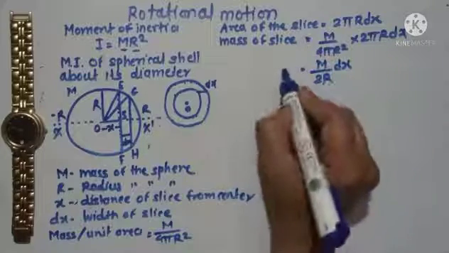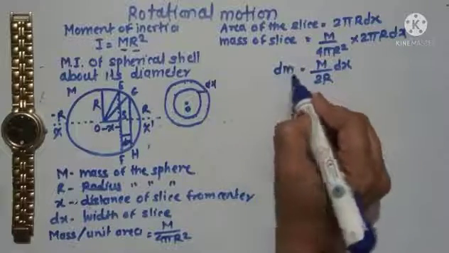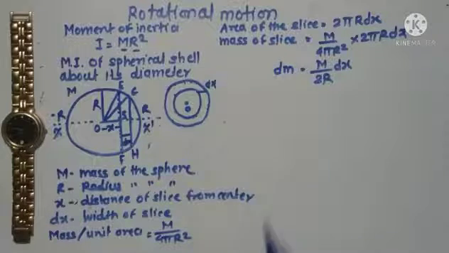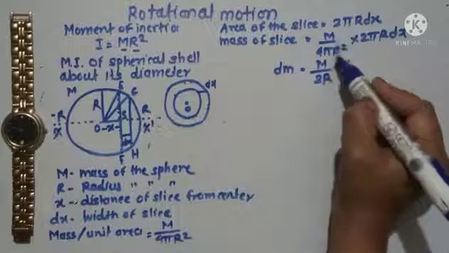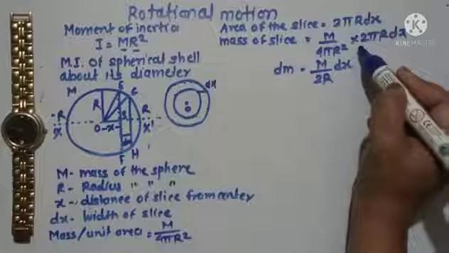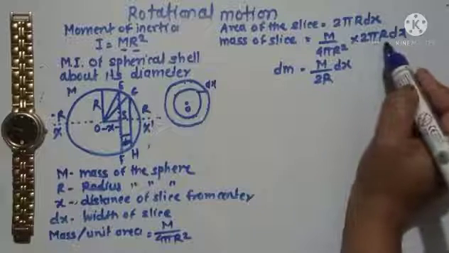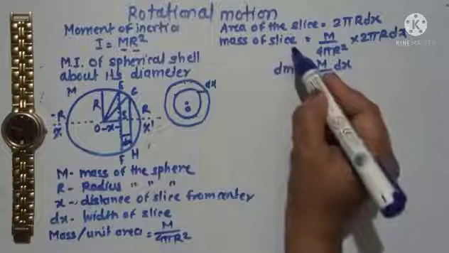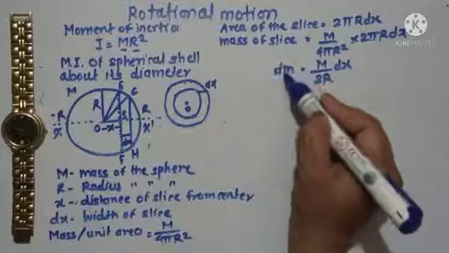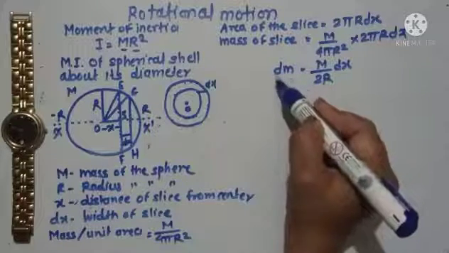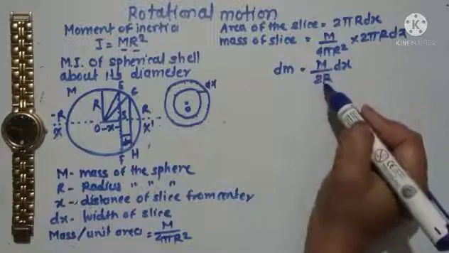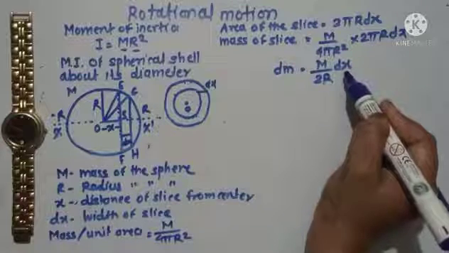So let the mass of the slice be dm. So mass of the slice is calculated by mass per unit area of the whole sphere multiplied by the surface area of the slice, and we have considered it as dm. So this dm is given by m upon 2r into dx.